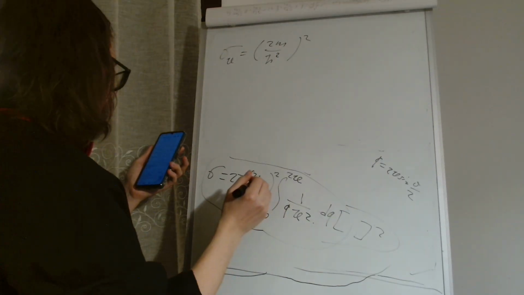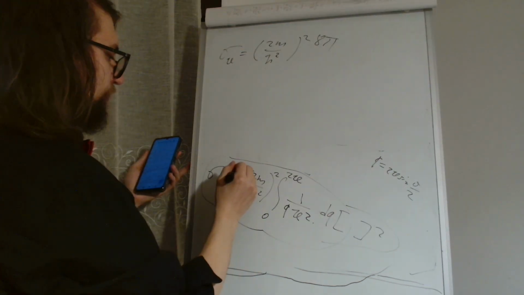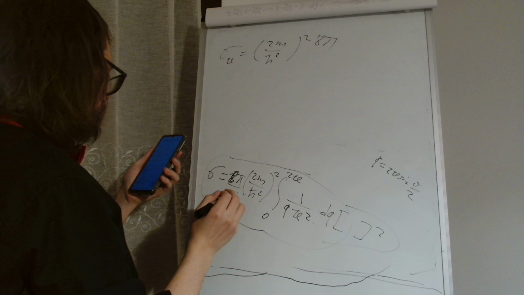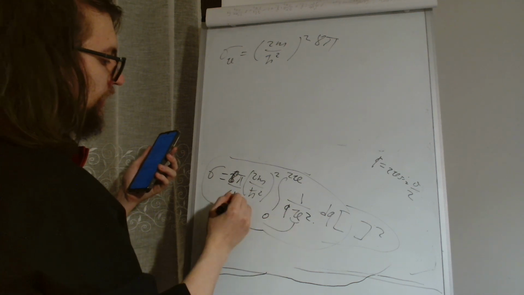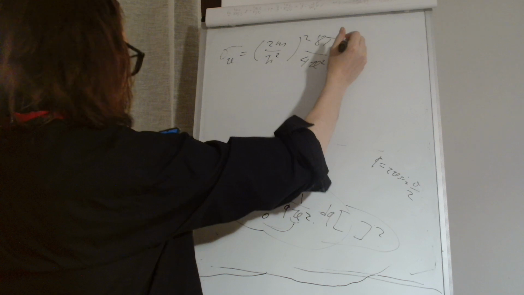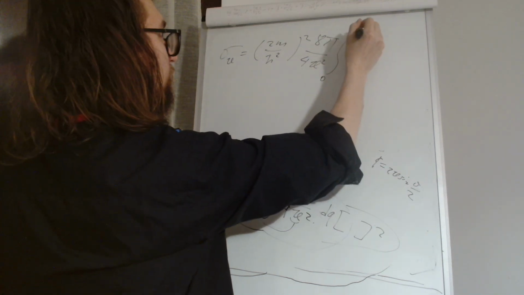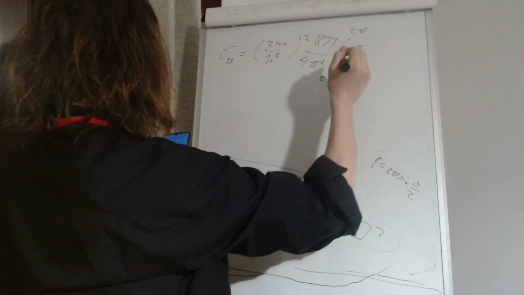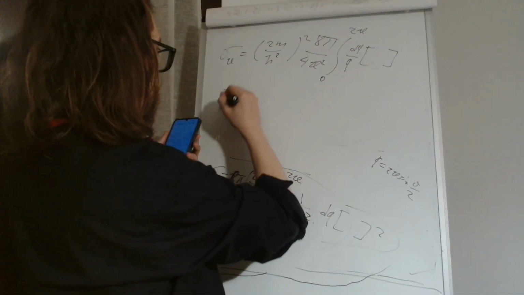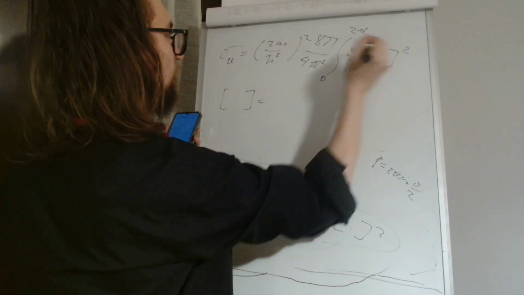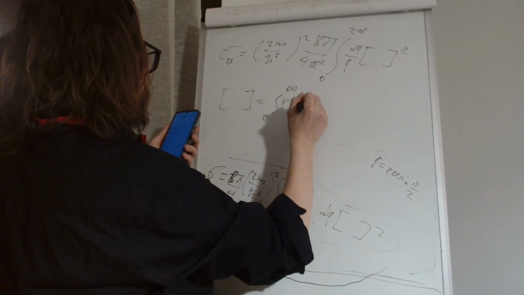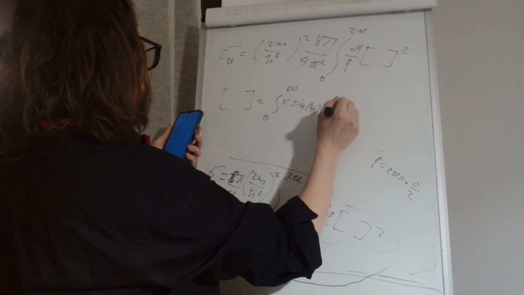So take this term here, then we have an 8 pi here, so we must divide by 4, and in fact we then take out 4 and k, and we get a 4k squared here, and finally the integral from 0 to 2k of dq divided by q, and then this integral here squared, which I write here: integral from 0 to infinity of r sine of qr u of r dr.